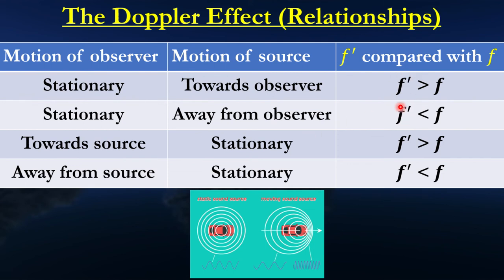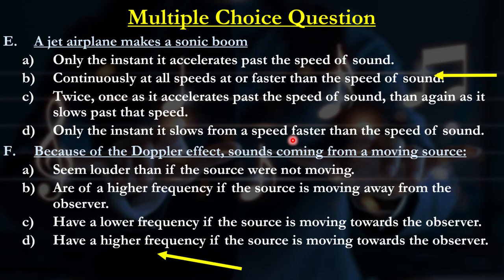If it's moving away from you, it gets lower. So consistent with what we said before. If we're moving towards the source and the source is stationary, then obviously we will hear a high pitch, because that means we're getting closer to the actual sound, and if we're running away from the sound, then we hear a lower pitch. So everything's consistent with each other.